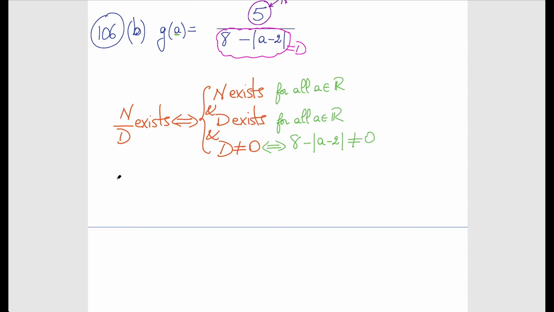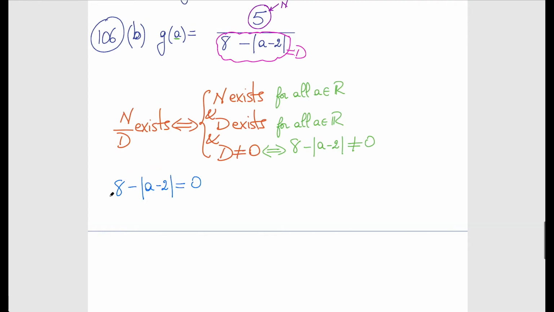For which a? How about we try to actually solve this equation? Whichever solutions we get here, since we don't want this guy to be 0, I'm going to find when this guy is 0, and then throw away the a's that solve this equation. This is clearly an absolute value equation.